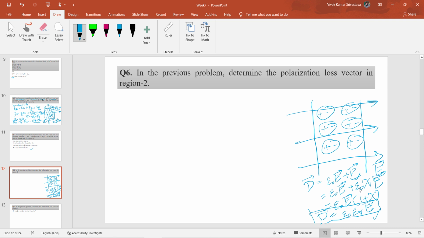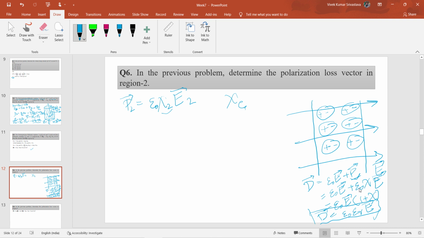We will use this expression for finding the polarization vector, which is equal to epsilon naught xi 2 E2, because we are finding it inside region 2. How do we find the value of xi 2?